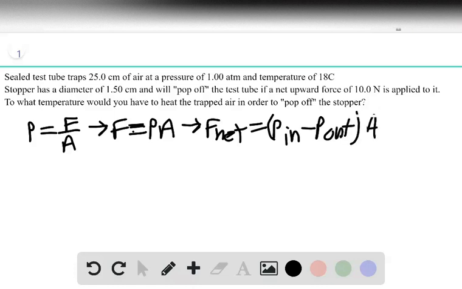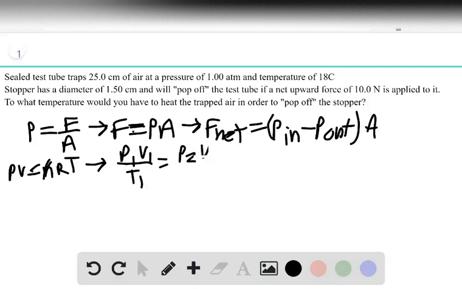Okay, so now we can find the relationship between the pressure inside the tube, what it needs to be, and where it started, okay? So we have our ideal gas equation, PV equals nRT. The amount is staying the same, so we can set up this relationship, P1 V1 over T1 equals P2 V2 over T2.